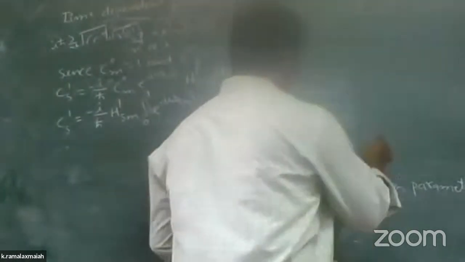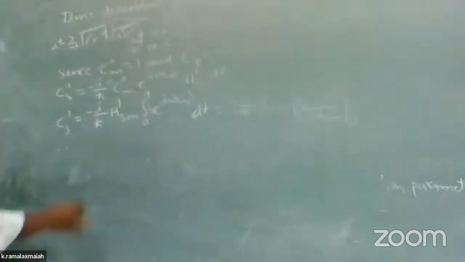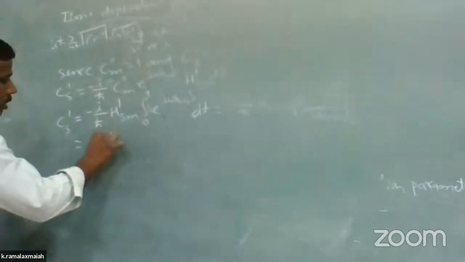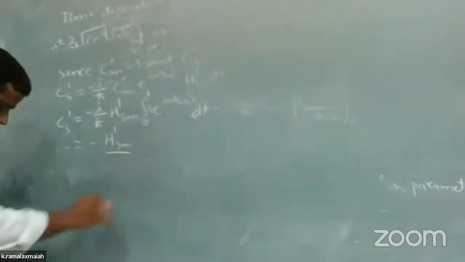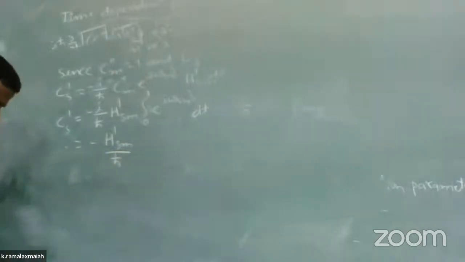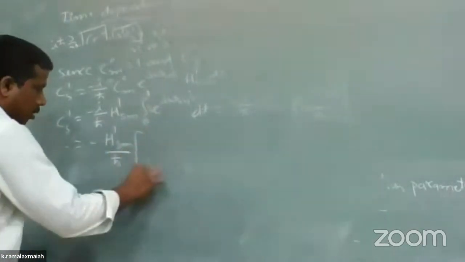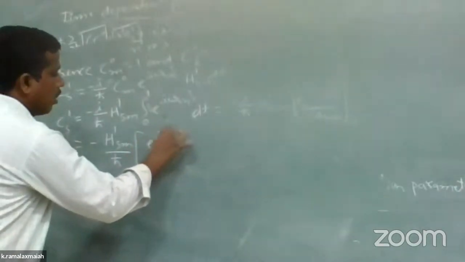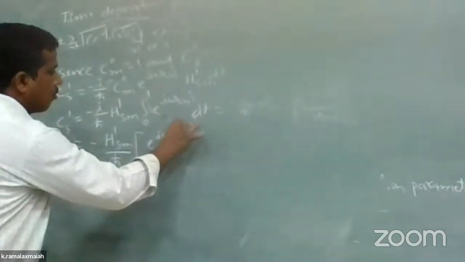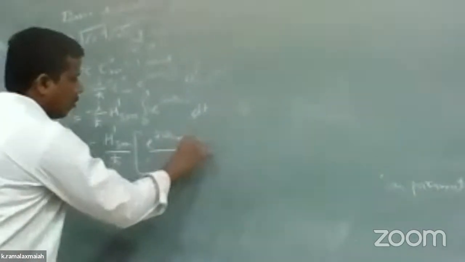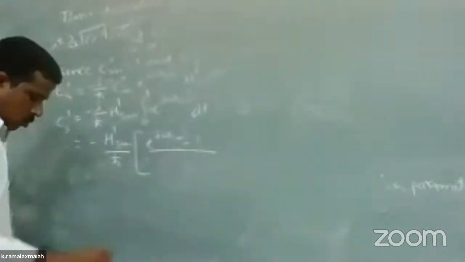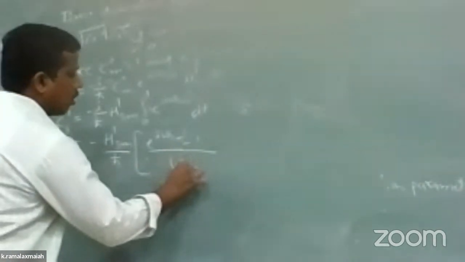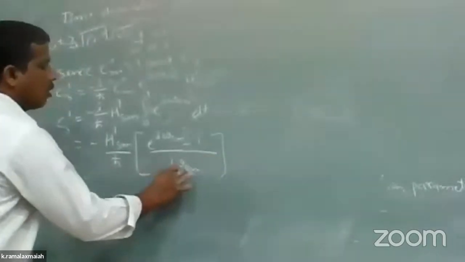So minus that is the equation. Next, also minus H'_sm by ħ into e^(iω_sm t) over ω_sm minus 1 over ω_sm.